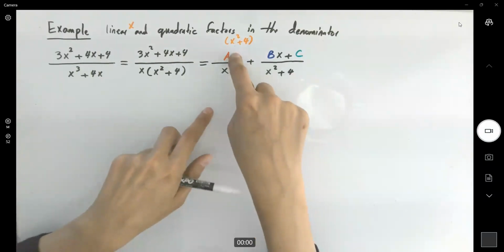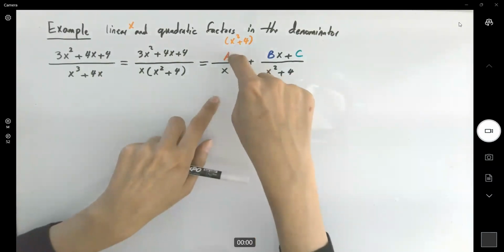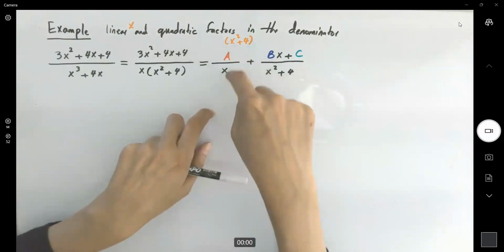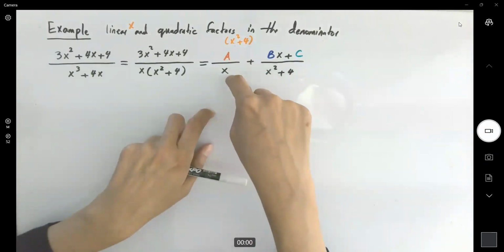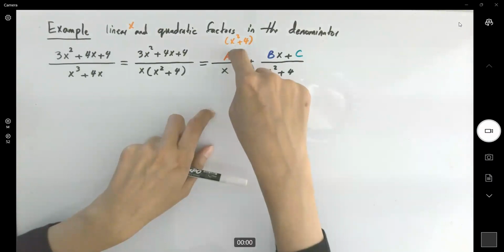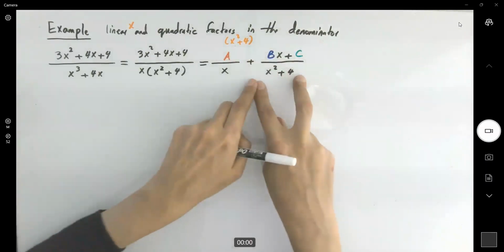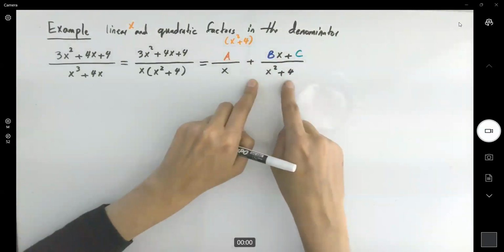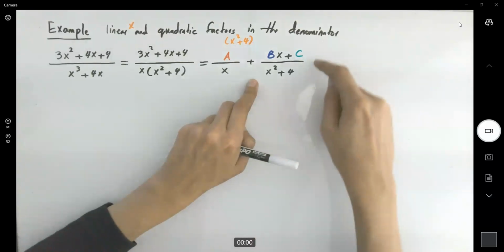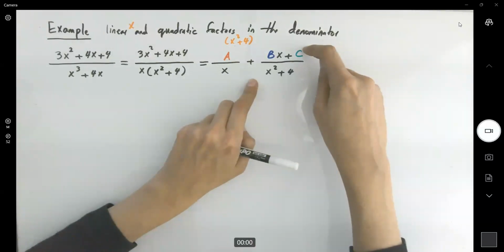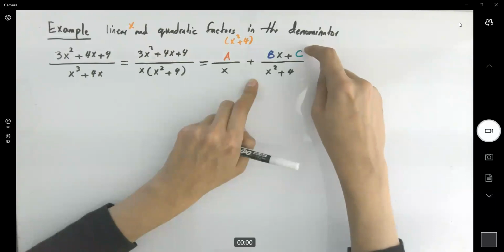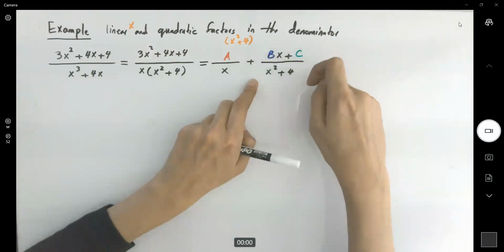Now, as for the numerator, a is a constant, 1 degree less than the linear expression. For the second fraction, on the denominator you have a quadratic expression. 1 degree less than a quadratic expression is going to be a linear expression.